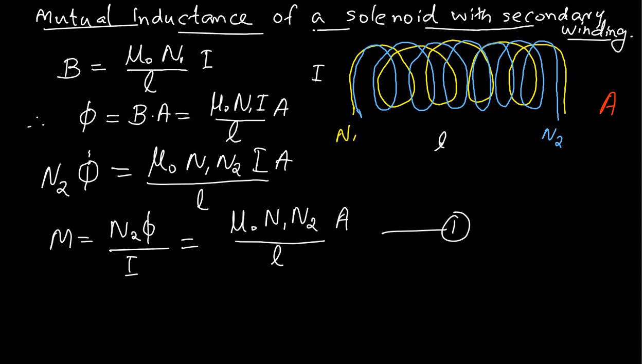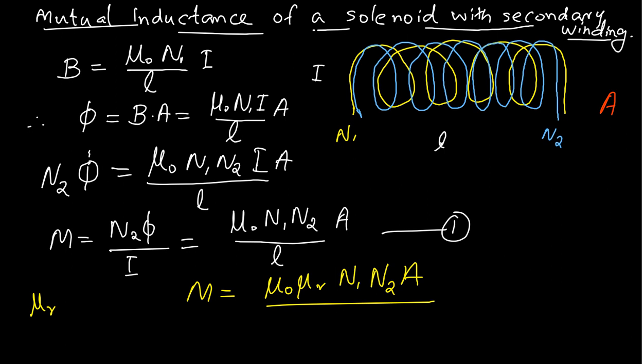Primary and secondary coil have same area of cross section A. If the core of the solenoid contains a magnetic material of relative permeability mu R, then M is equal to mu 0 mu R N1 N2 A divided by L.